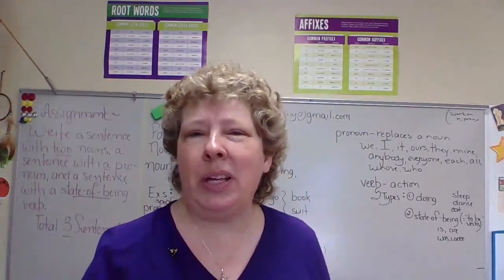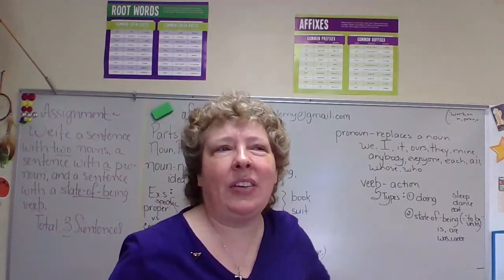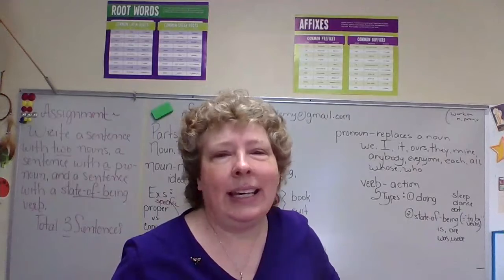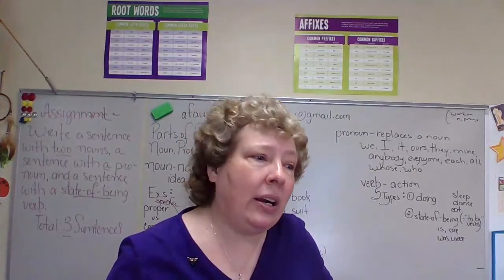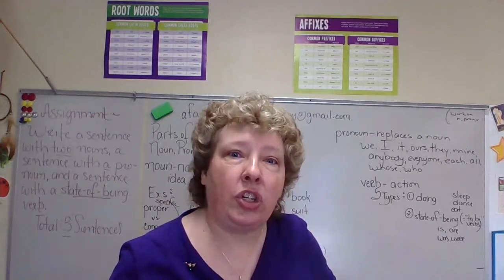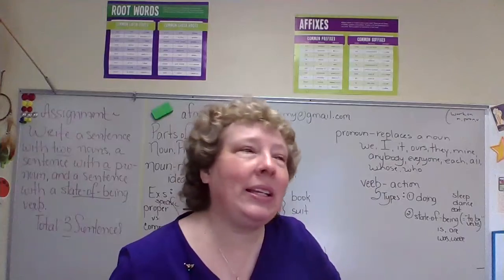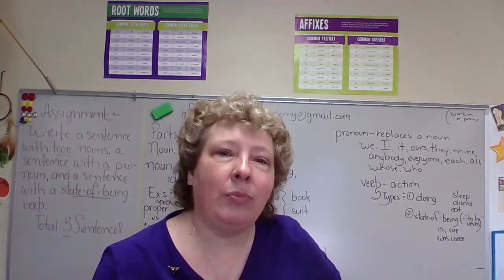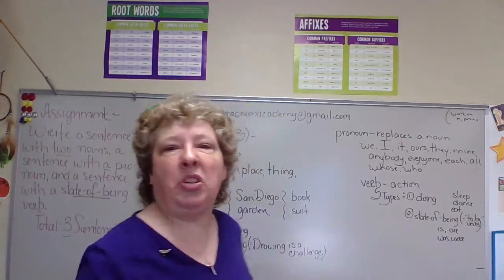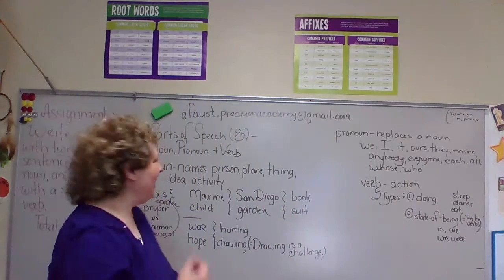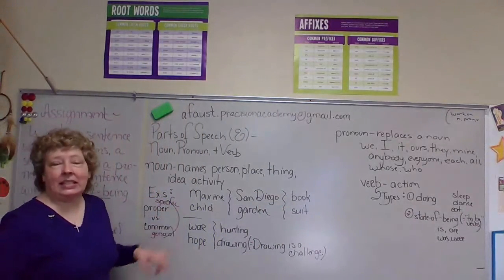Because you might say, wait a minute, a cat's not a person. Miss Faust, that's an animal. Yeah, I know. We tend to think of a cat as an it, right? Well, there are fables where the characters are animals and the cat is a person. So it's categorized as a person in the fable. So you animal lovers, you can even put your cat under there. Okay. All right. Does that make sense?